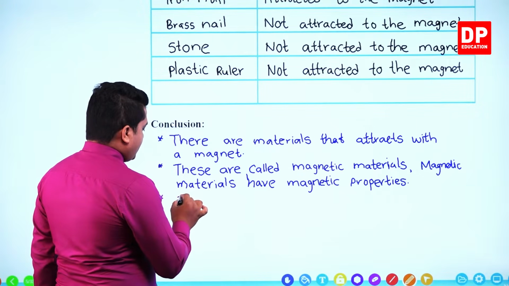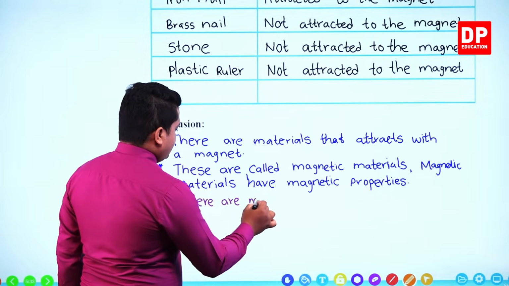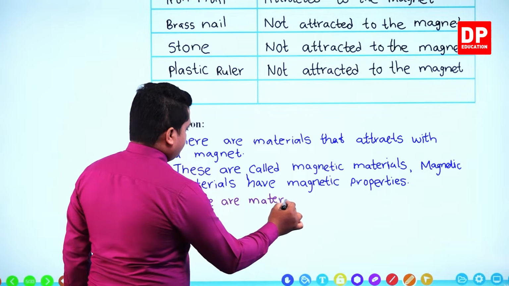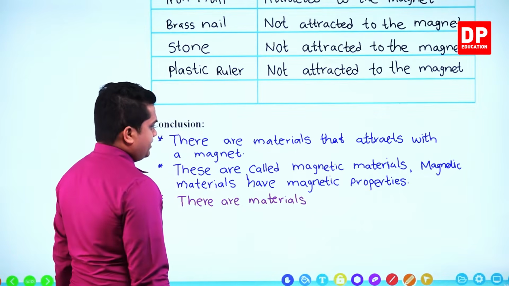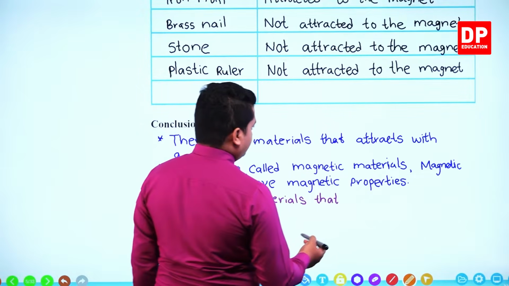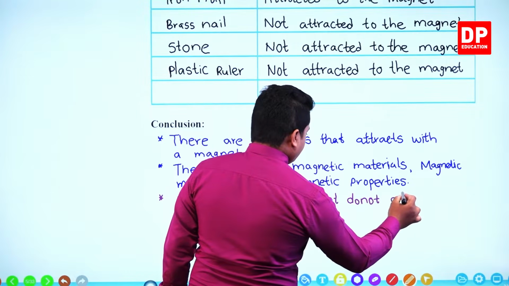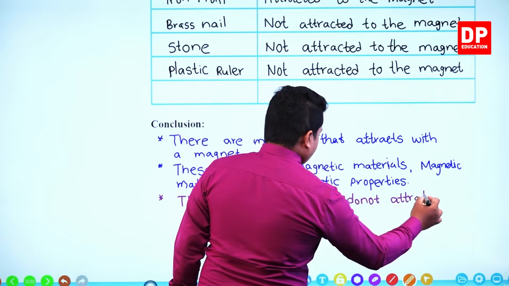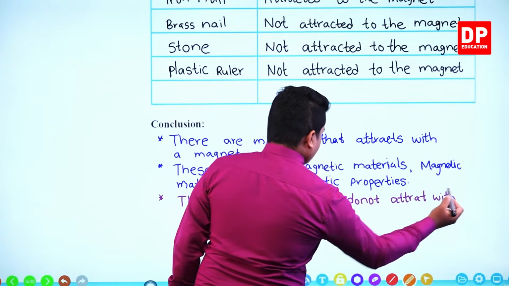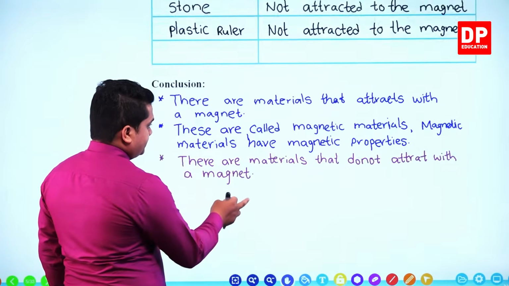First we can write, there are materials that do not attract with a magnet, right?